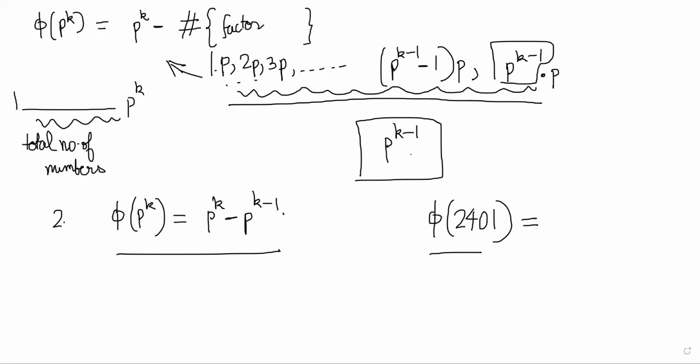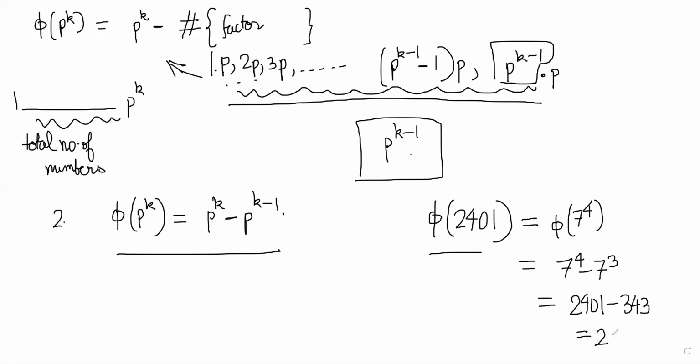It is phi of 7 power 4, and that would be 7 power 4 minus 7 power 3, 2401 minus 343. It would be 2058, correct?